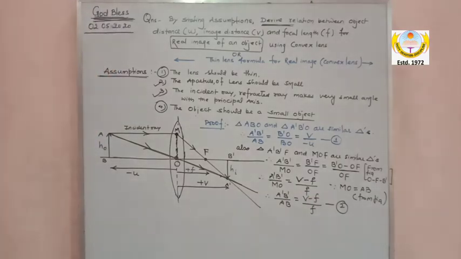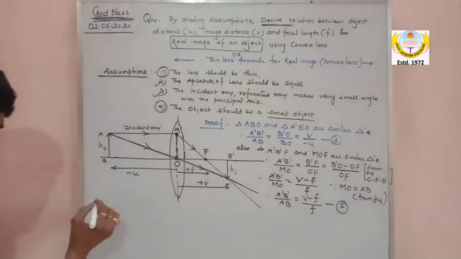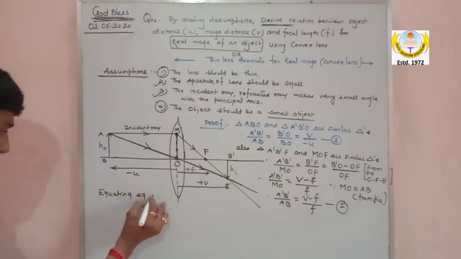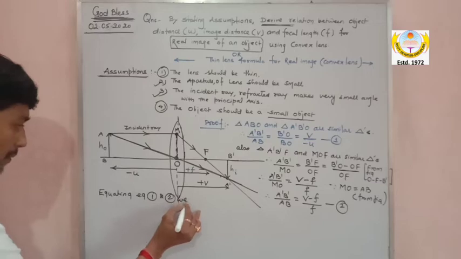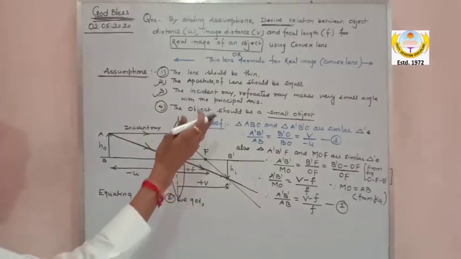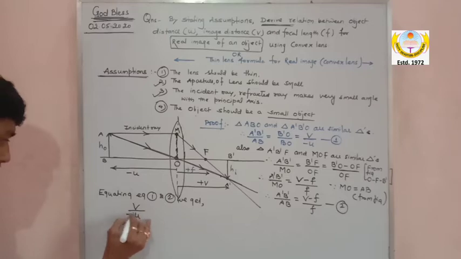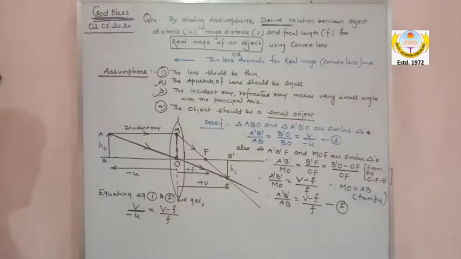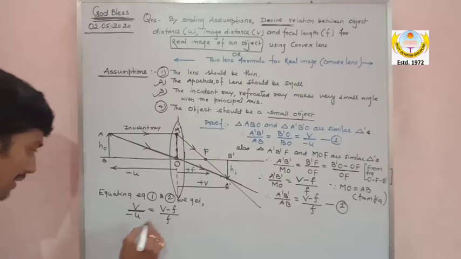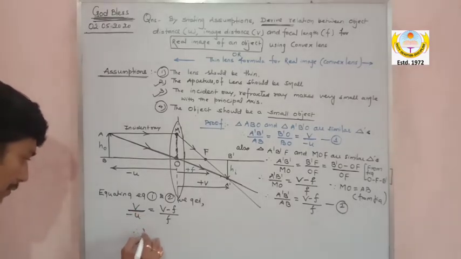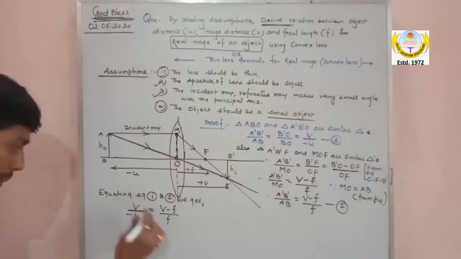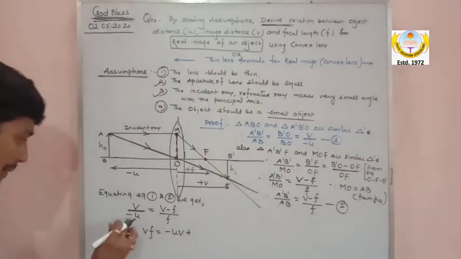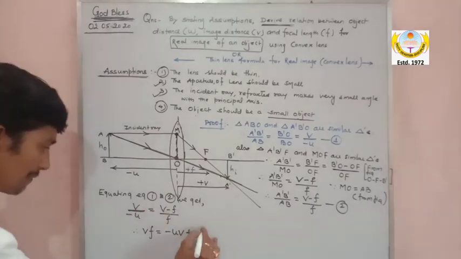So here, equating equation 1 and 2, we get V upon minus U is equal to (V minus F) upon F. So on cross multiplying, I will get, therefore, VF is equal to minus UV minus UV plus, minus and minus become plus, UF.